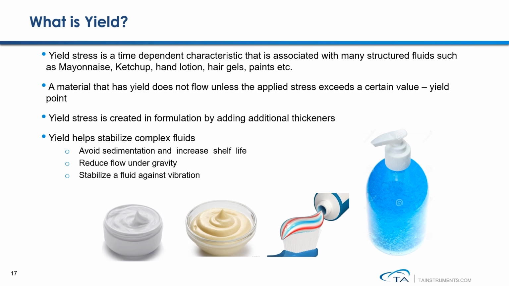Yield stress is purposely created in formulation by adding some additional associative thickener. Yield can help to stabilize your sample. It can help to avoid sedimentation and increase your sample's shelf life. Yield stress can help to reduce any flow under gravity and also stabilize your sample against vibration.